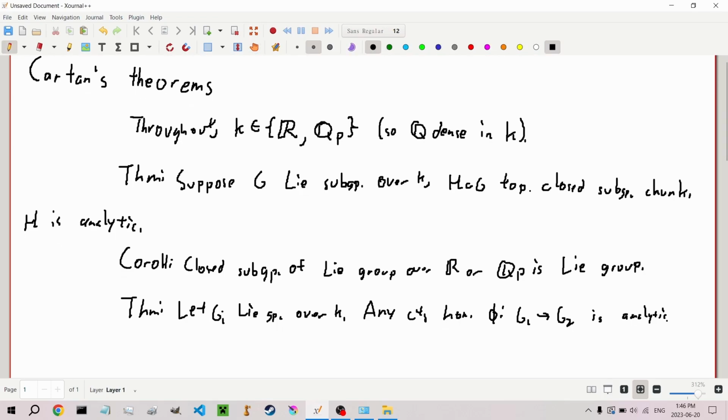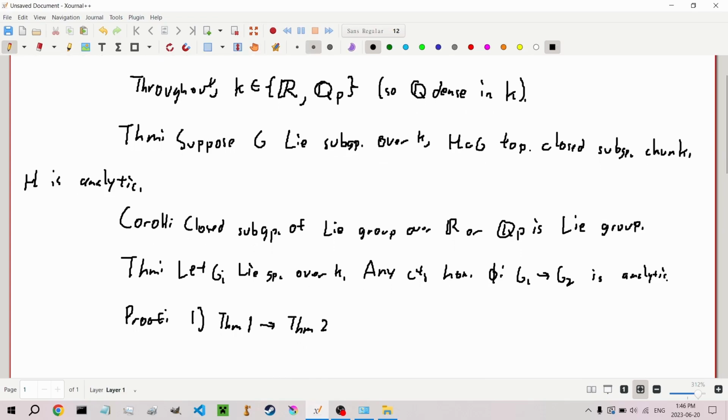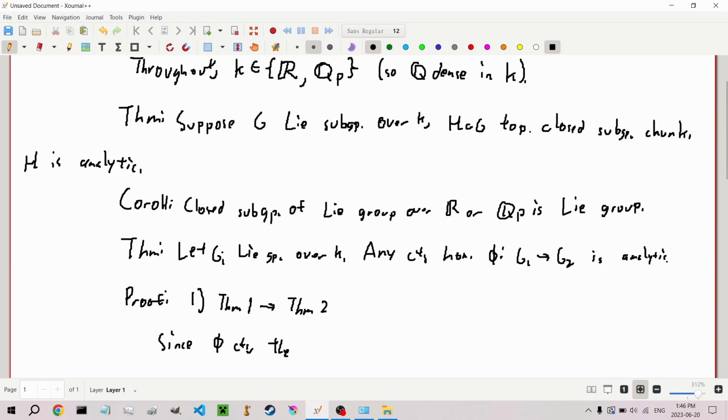And so our proof. Step 1, we actually want to show that theorem 1 implies theorem 2. Since we are operating on the assumption that phi is continuous, the graph gamma phi in gamma 1 times gamma 2 is a closed subgroup.